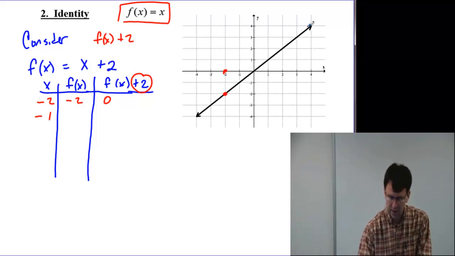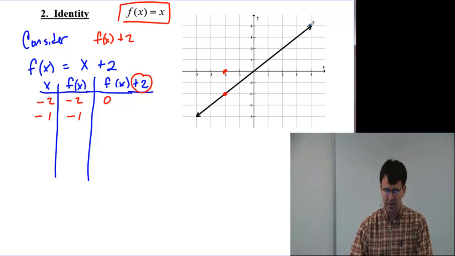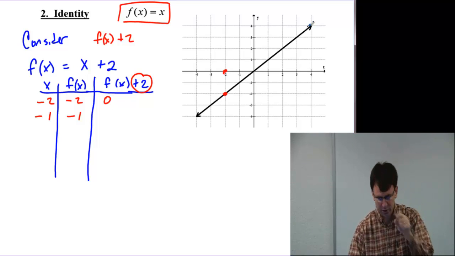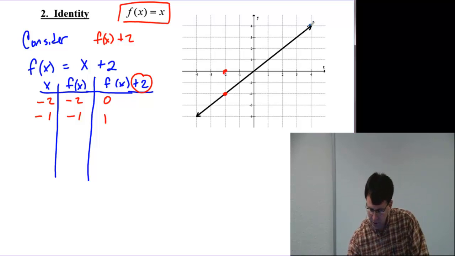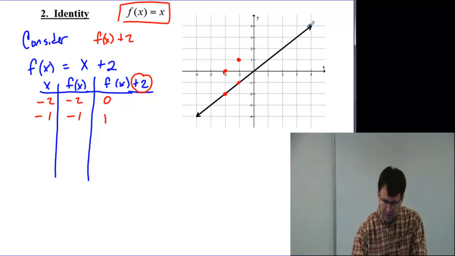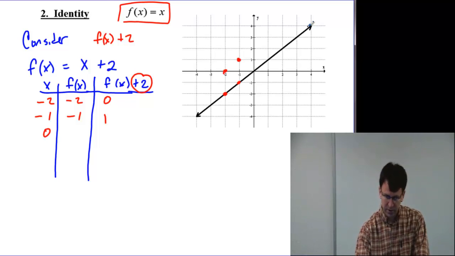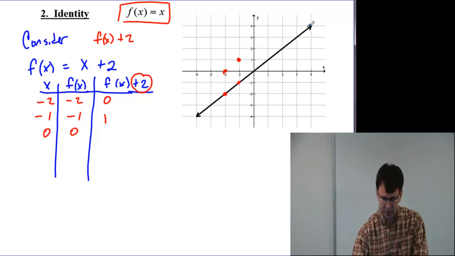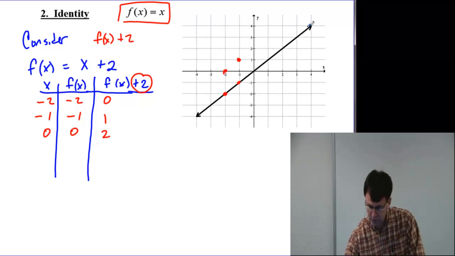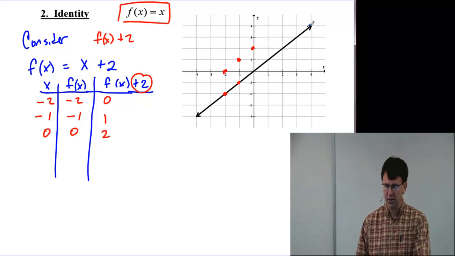Then if I go to negative 1, that would have produced back a negative 1. Negative 1 plus 2 is going to give me 1. So I was here, and I shifted it up 2. And then at 0, 0 would have given me back 0, but then 0 plus 2 gives me 2. So you could say this line shifted up 2 also.